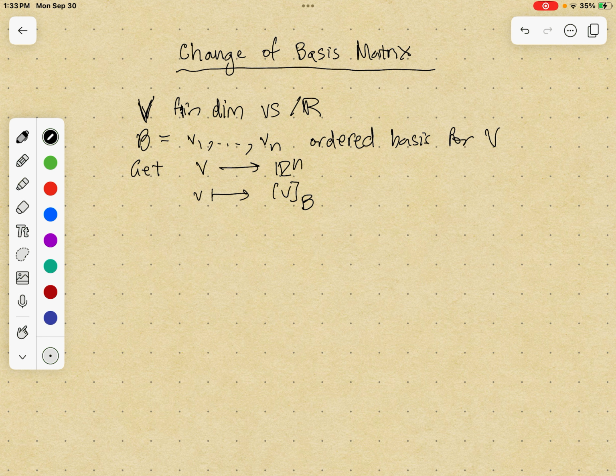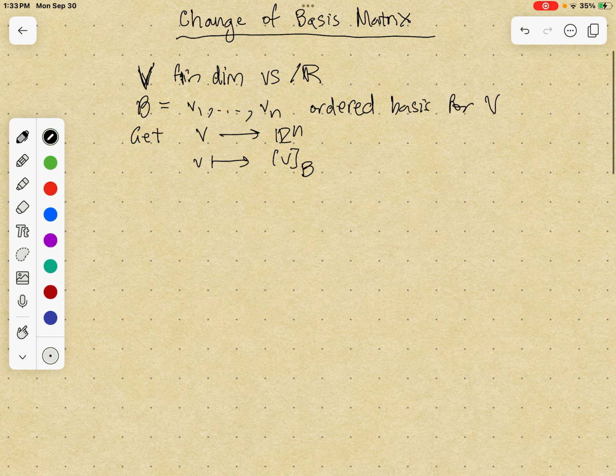Well, let me just introduce some more notation before I do an example. Once you have a basis, you get a way of describing the vectors in V as coordinates, right? Coordinate vectors in Rn. Now let's say that I have another basis, another ordered basis C, script C, curly C, which is W1 through Wn.